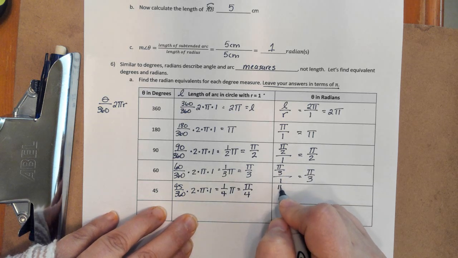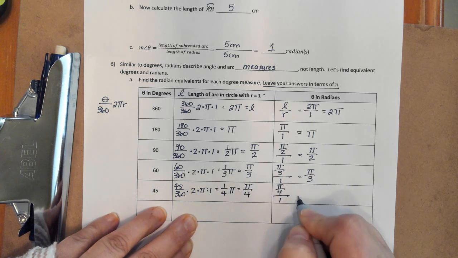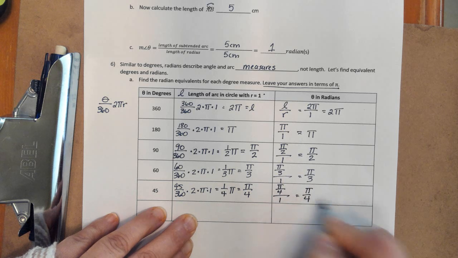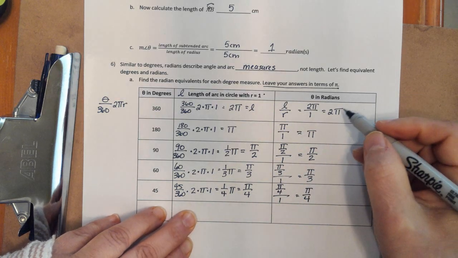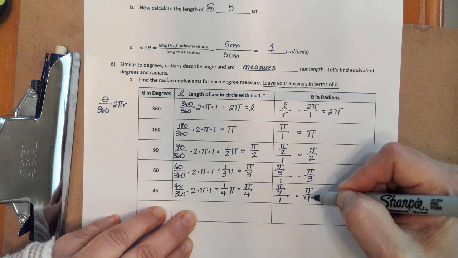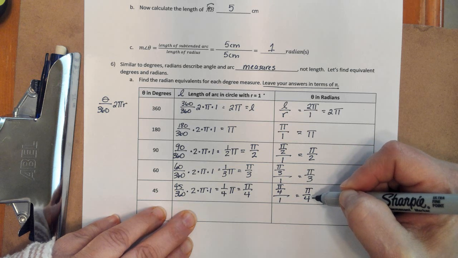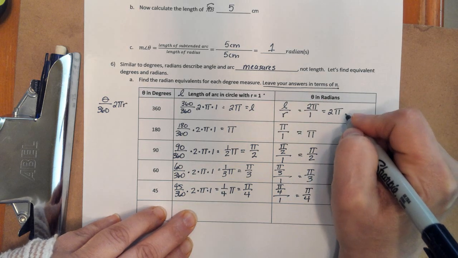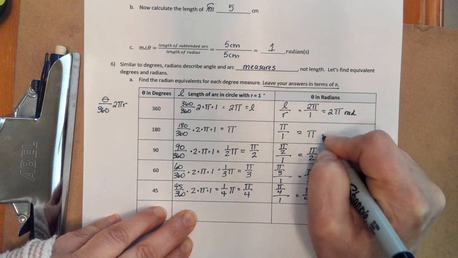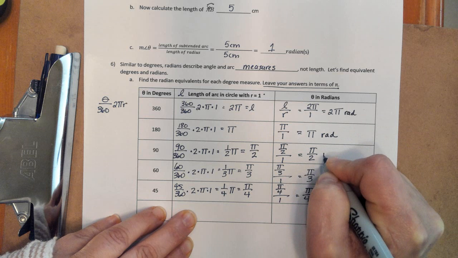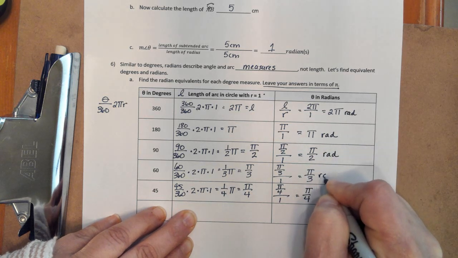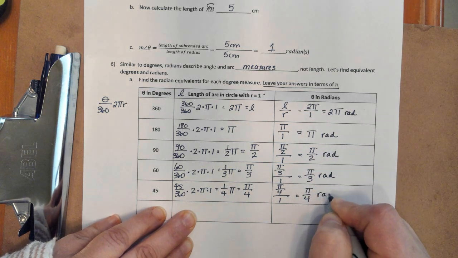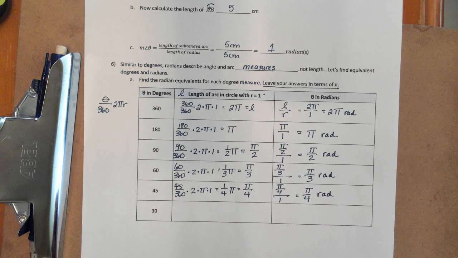So in radians, it'll be pi over 4 divided by 1, which is pi over 4 radians. Now notice I did not write any units here. I don't have to because they've canceled out with the ratio. But I can go ahead and write radians for some clarity, but I don't have to.